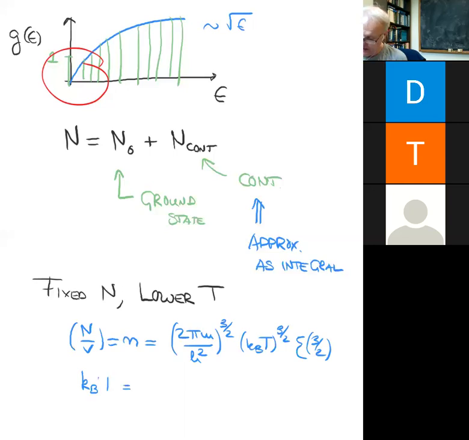So if I do that, I get k_B T is the density to the 2/3, and there will be a factor which is h squared over 2 pi m, and then we get 1 over zeta to the 3/2, and now we have to take the 2/3 root of that. Okay.